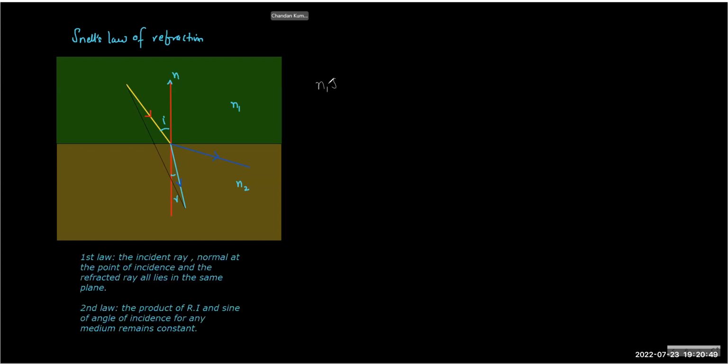So N1 multiplied by sin i and N2 multiplied by sin r, this will remain the same. But this is only true if the boundaries are parallel. If the boundaries are not parallel, then for one pair we can write like this, and for the other pair, we need to recalculate i and r.